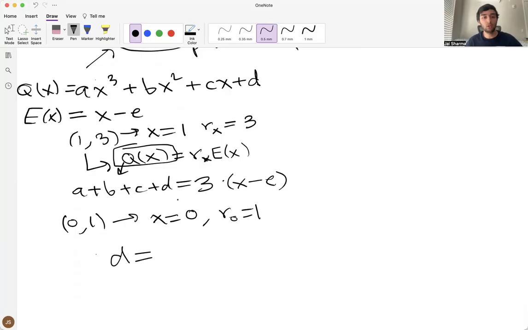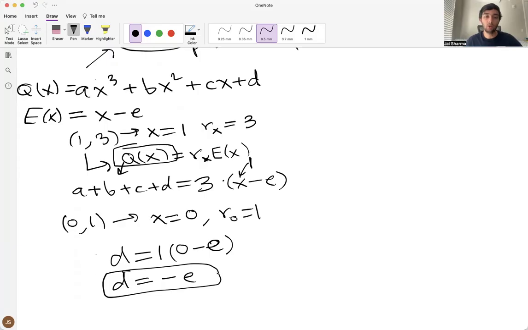And that is equal to, oh, by the way, I should have put 1 over that. That should be a 1. And that is equal to R of 0, which is 1, multiplied by x, which is 0, minus e. Sorry, why am I saying 3? And from this, you get d is equal to negative e, right?